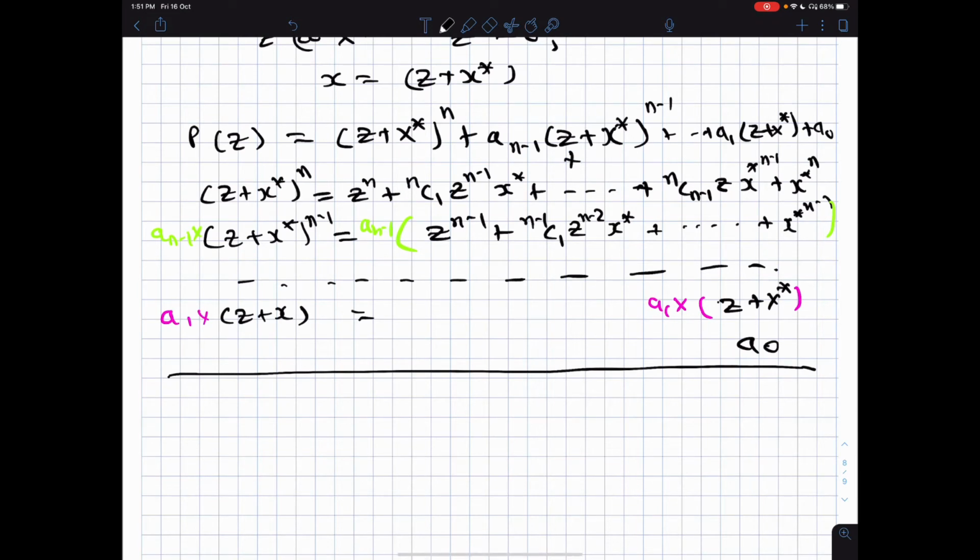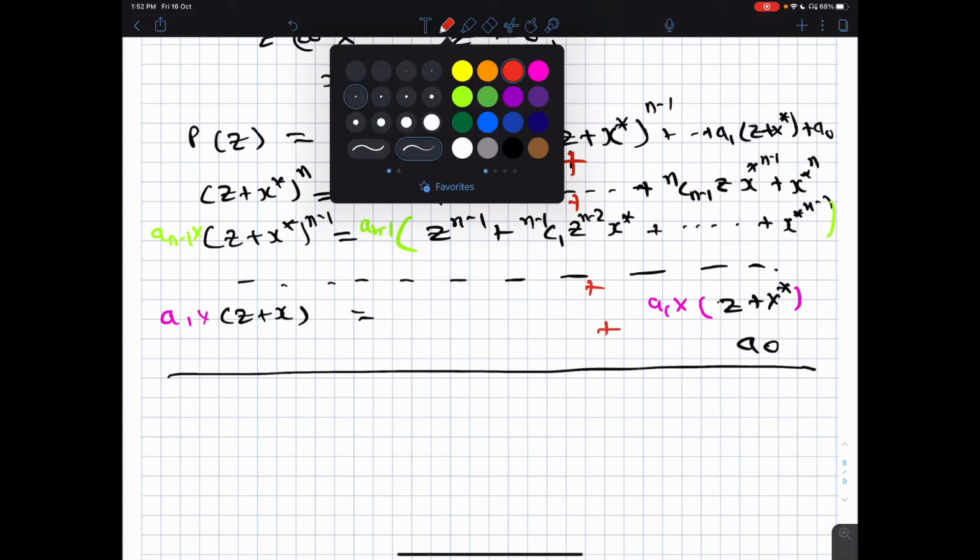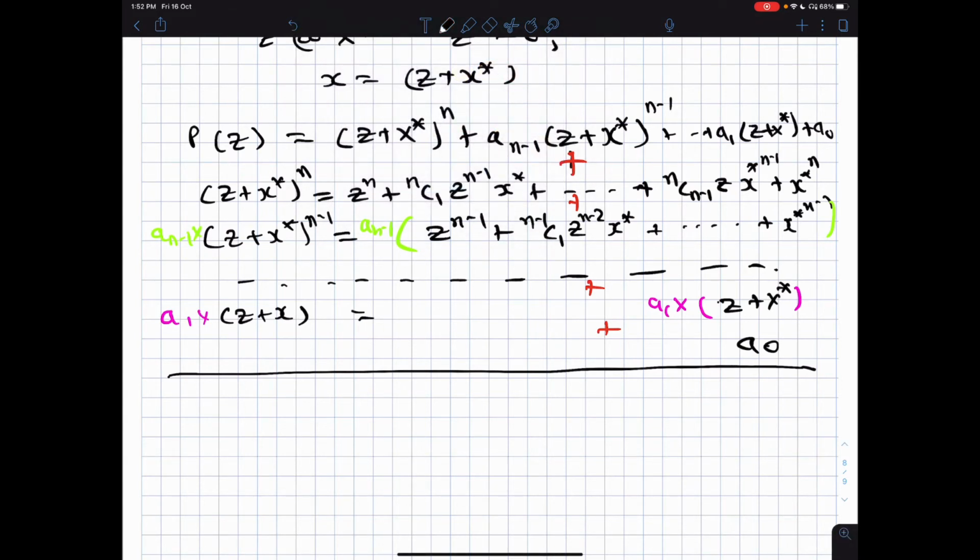I add this plus this and so on up to a naught, and I get p of z, which is exactly the same polynomial rewritten in a different way.